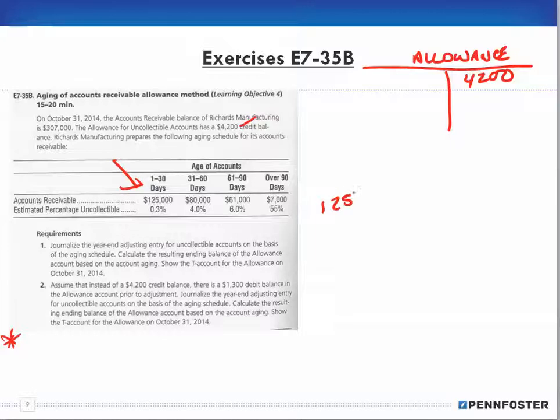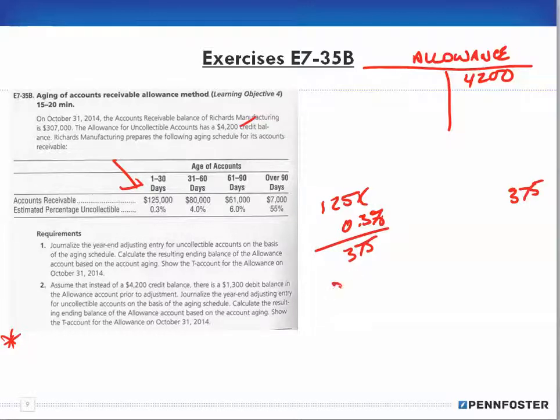So I have 125,000 at 0.3%. So that amount is 125 times 0.3%. So that's 375. So I'm going to write the 375 here.